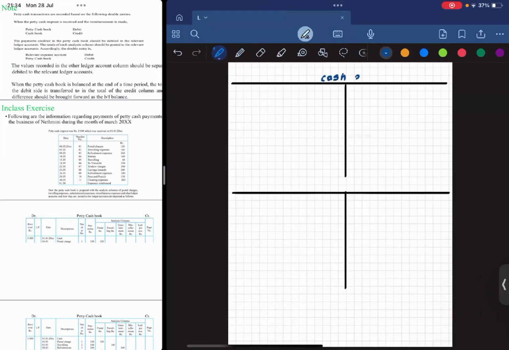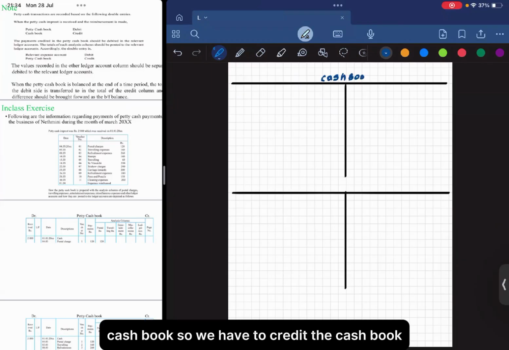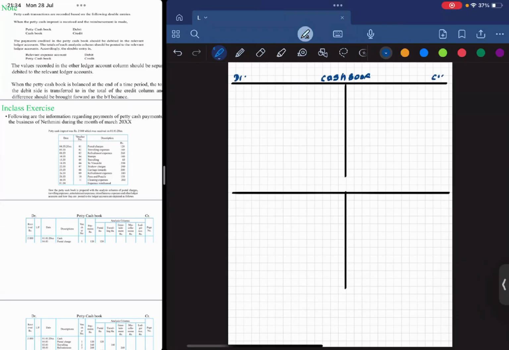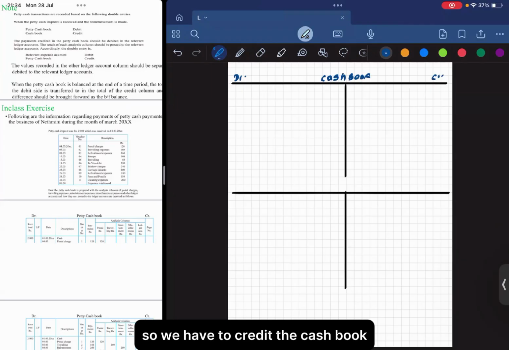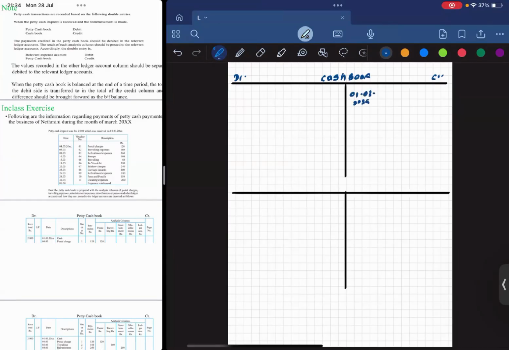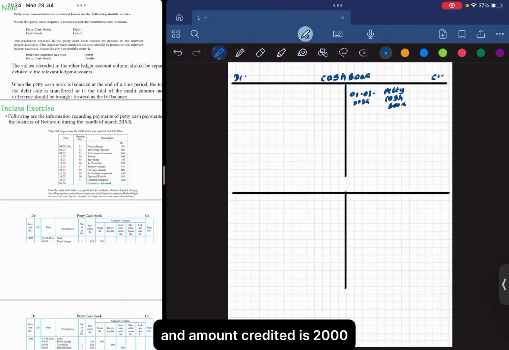So we have to credit the cash book. We will put the date 1st March 2025, petty cash book, and the amount credited.